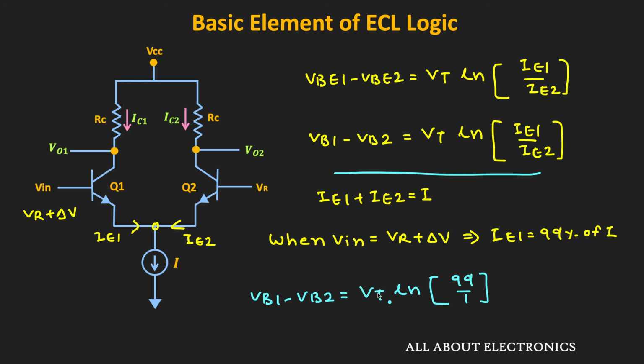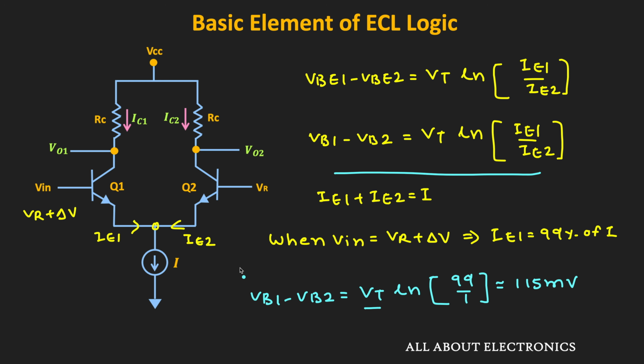Now, as you know, at room temperature the value of VT, the thermal voltage, is equal to 25 millivolt. If we calculate the value of VB1 minus VB2, it is roughly equal to 115 millivolt. So when the input voltage is 115 millivolt above VR, 99% of the total current flows through the Q1 transistor.